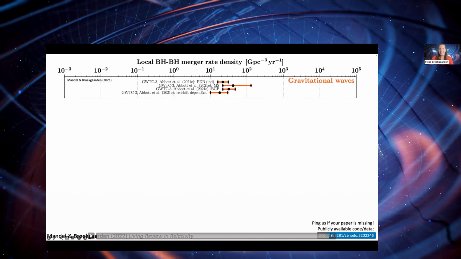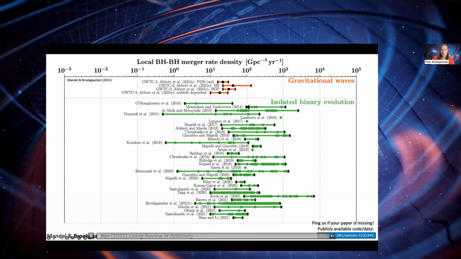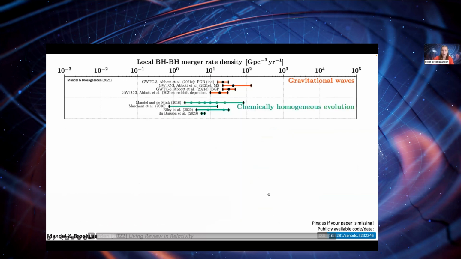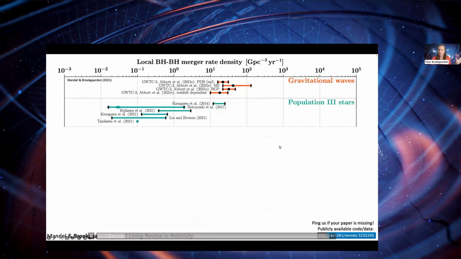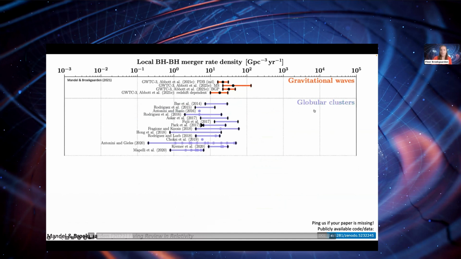Now, how do our simulations do? As I now play this video, it's actually going to show you and flip through more than 200 of those studies of stellar evolution simulations. And each color here represents a different formation channel that I showed you in an earlier slide. So for instance, these are the population 3 stars, and now it's black holes that form from globular clusters.